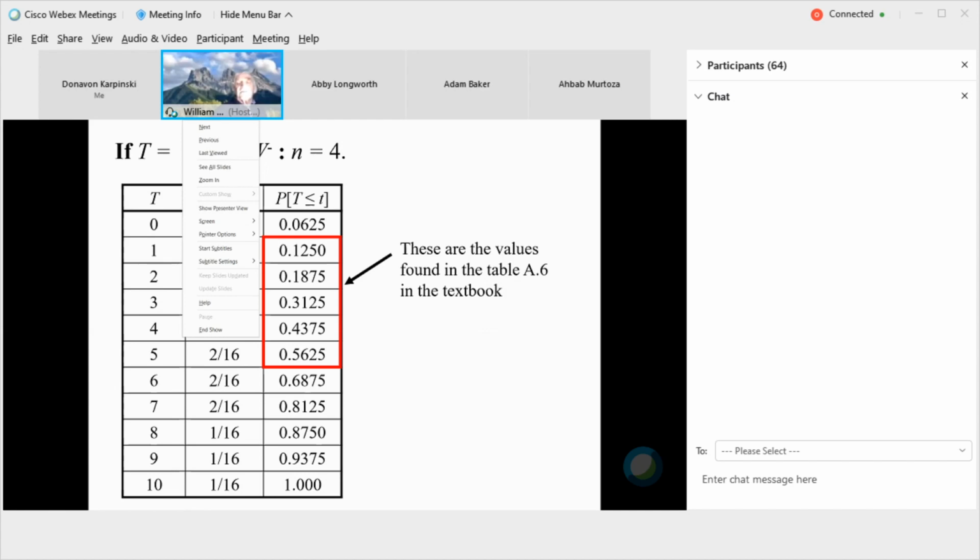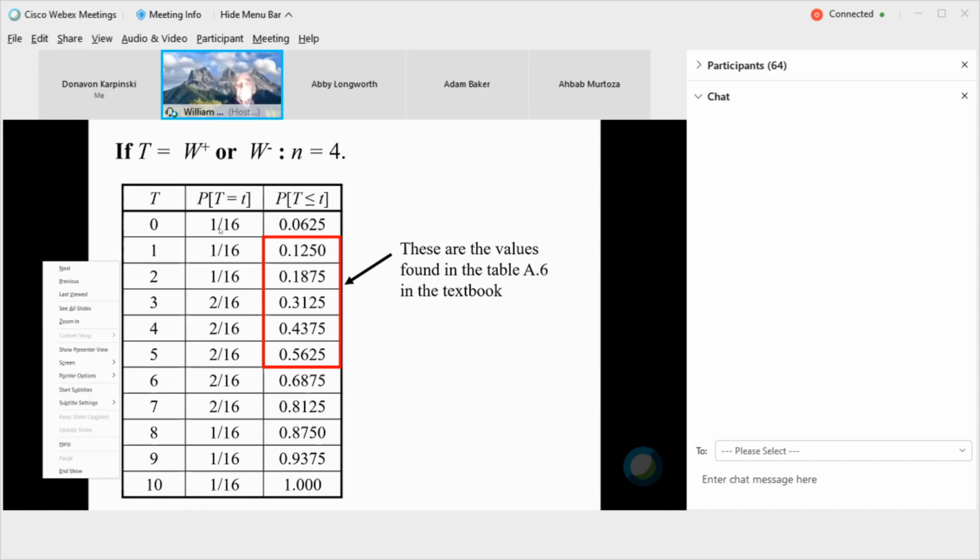So if I add up those probabilities, this is giving you the probability that T is less than or equal to small t. This is the value of t. This is exactly equal to t, 0.1250. This is actually found in the table for Wilcoxon's signed rank test.